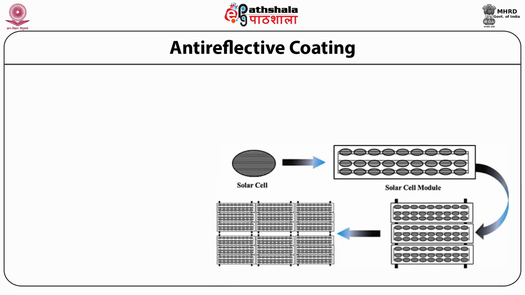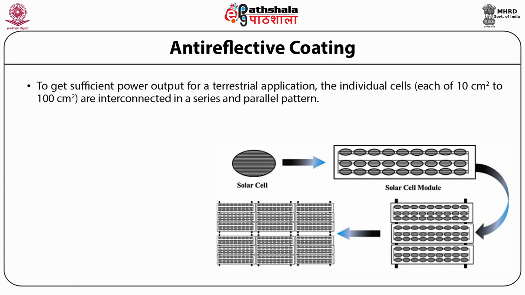The module design, or the conversion of the solar cell to a solar module. In order to get sufficient output power for a terrestrial application, the individual cells, each of 10 cm square to 100 cm square, are then interconnected in a series and parallel pattern as shown in this figure.